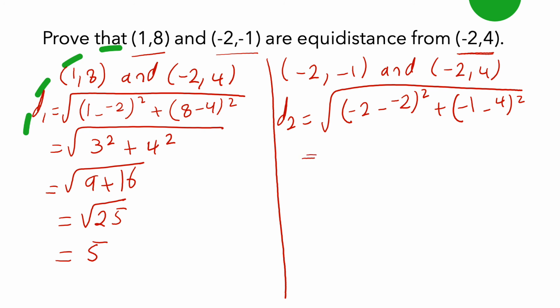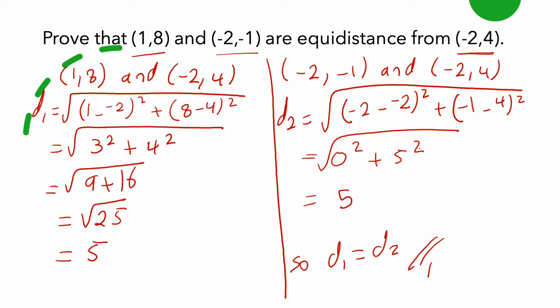And that gives me 0 squared plus 5 squared under square root, and 5 squared is 25 and then the square root of 25, the square root eliminates that square, so the answer is 5. So you have to write D1 equals D2 and it's proven.